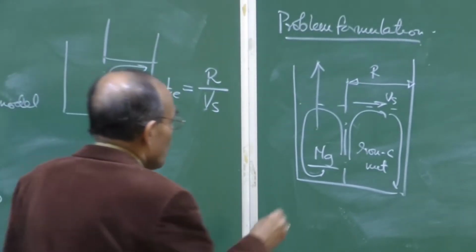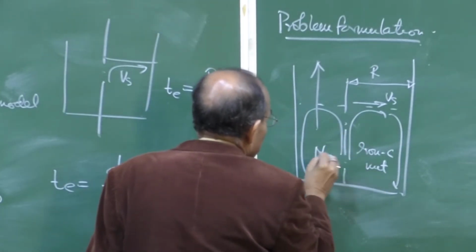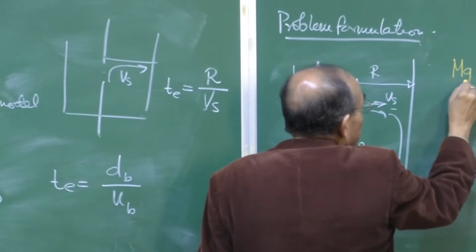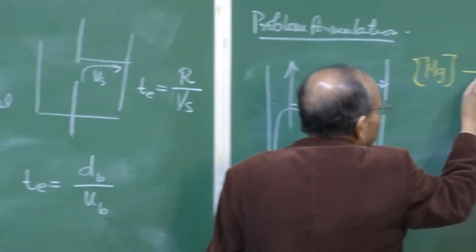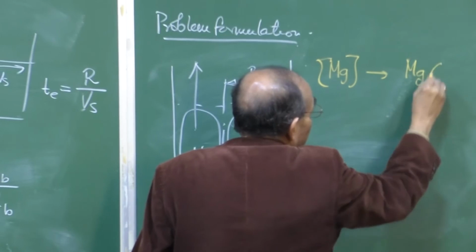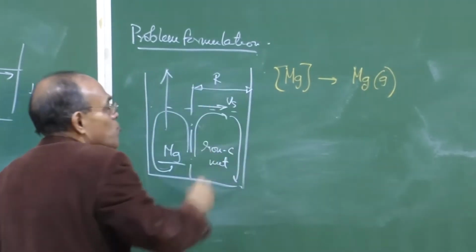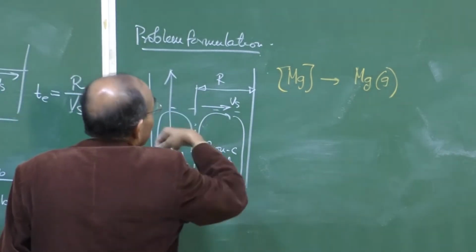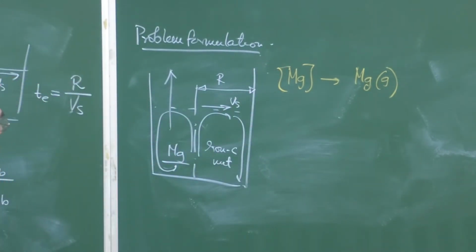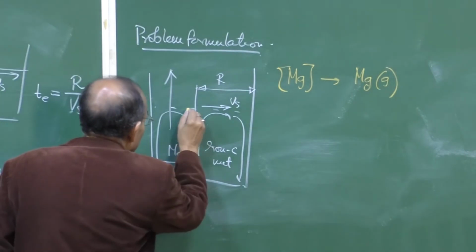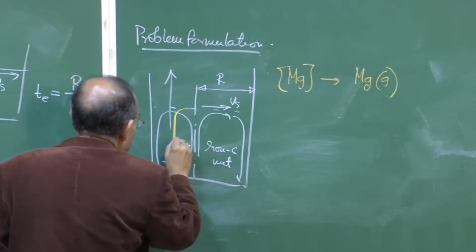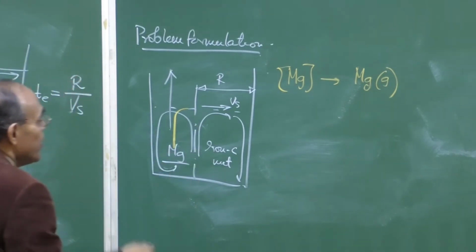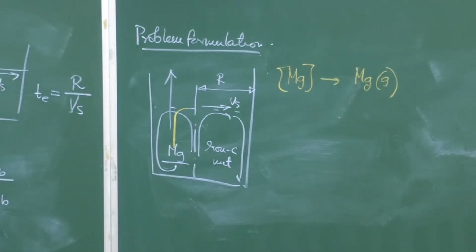Now, the magnesium goes to the interface, and at the interface the magnesium which is in the dissolved state becomes magnesium gas, and that is how it goes. So, the moment dissolved magnesium reaches here, it escapes. So, we assume that the rate of magnesium transport to the surface is controlled by the melt phase mass transfer phenomena.